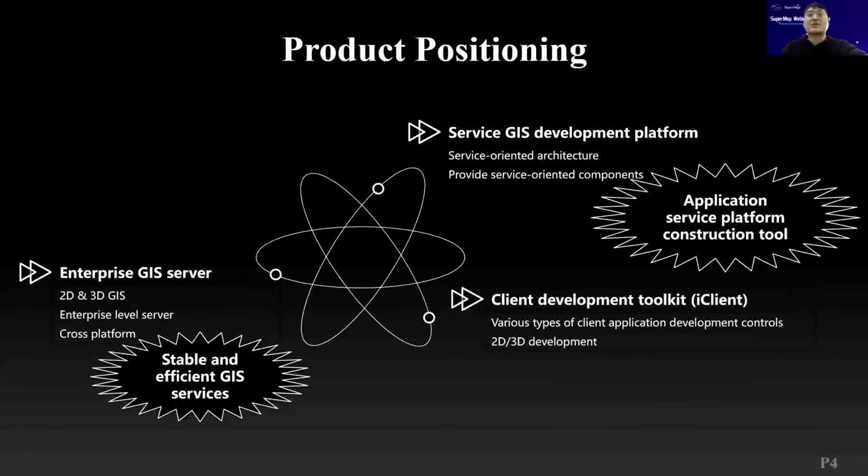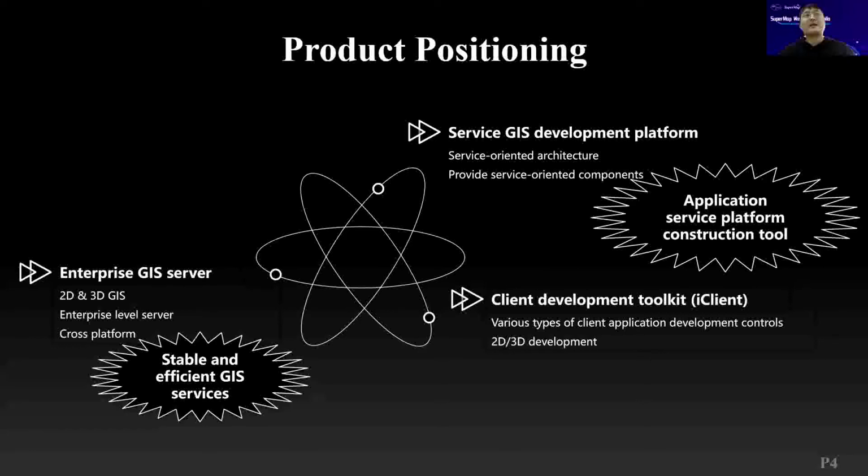And the second one, iServer is the service GIS development platform. It is a service-oriented architecture and provides service-oriented components. That means iServer is very easy for extension development. We can not only use the existing functions of iServer, such as publishing the map service, the data service, the 3D service, but also we can define our own service type.